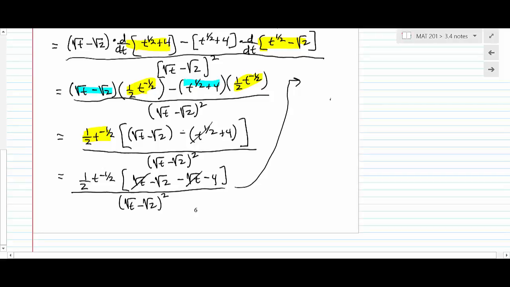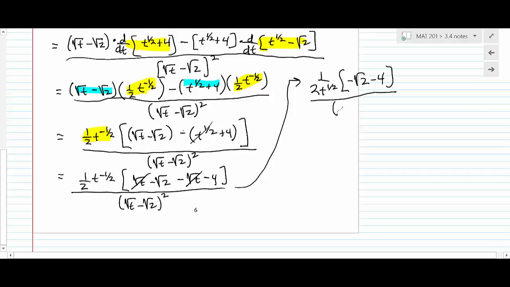So it looks like all I'm really left with on this one is I've got a 1/2, and I'm going to go ahead and take that and bring that down and write that as 1 over 2t to the 1/2. And then I'm left with, I'm going to write that as just negative square root of 2 minus 4. You can't really do anything with that.